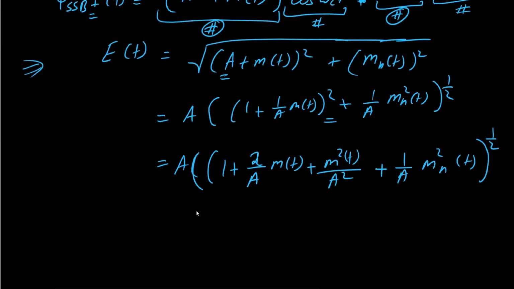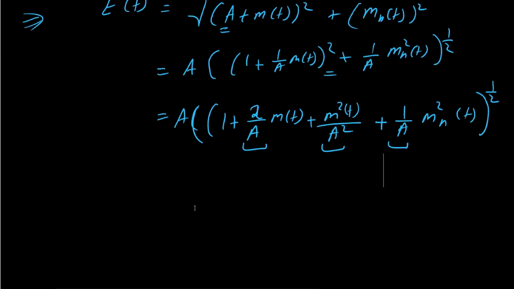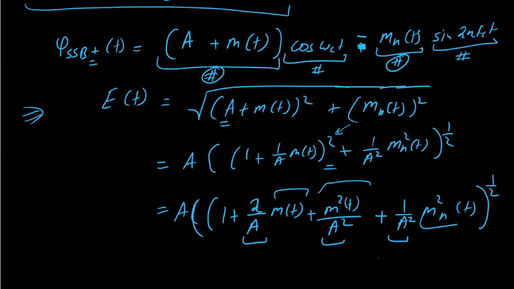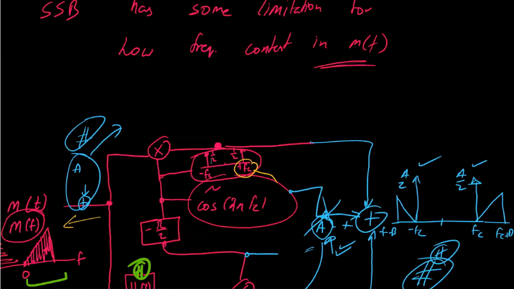Now we have a few terms in which we have this A appearing, and then we have the message signal as well. Note that in the last term we have 1 over A square. What is this A? This A is basically the DC offset, so you're moving the signal upward by unit A.